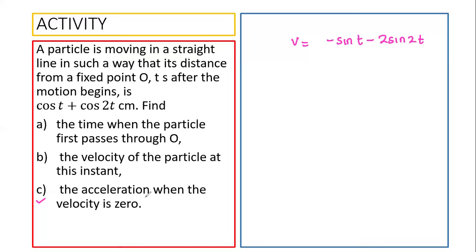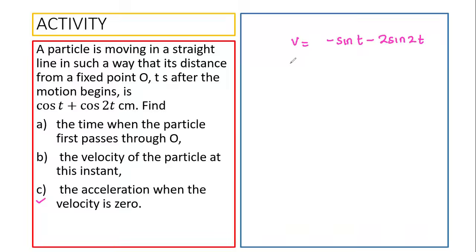What does it mean? We have two things to deal with. We are going to ask ourselves, at what time is our velocity 0? Then after finding that time, we are going to find the acceleration, such that the values we obtain for t can be substituted here.